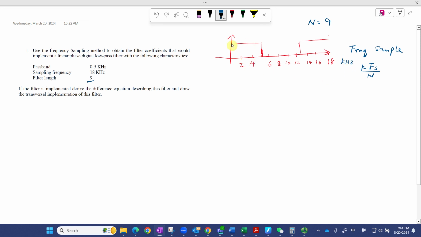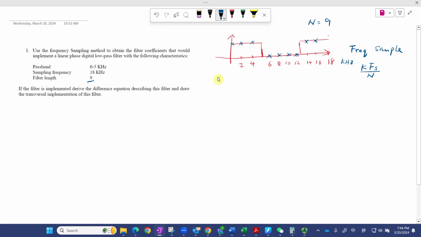So we're gonna take samples at 0, 2, 4, 6, 8, 10, 12, 14, and 16. So these are high, or 1, okay. So 5 on the top, 4 at the bottom, 9 in total.